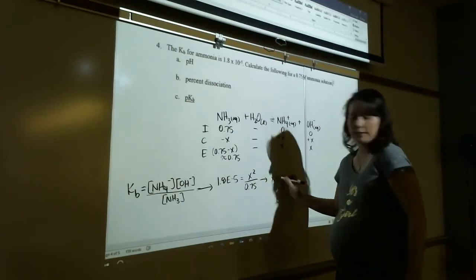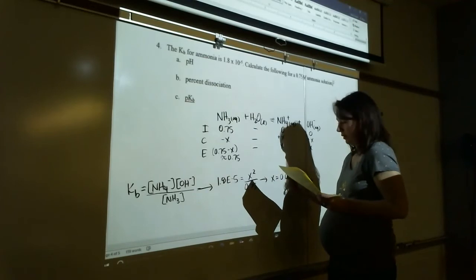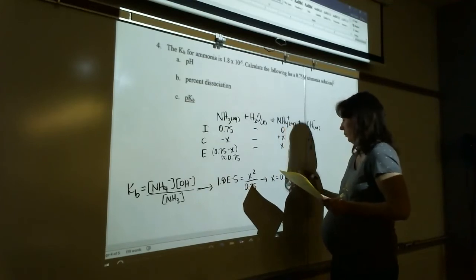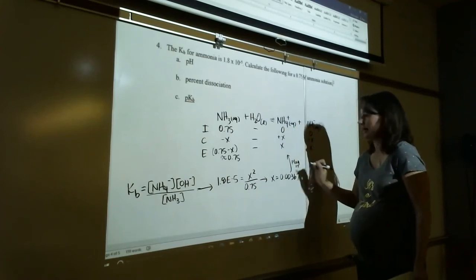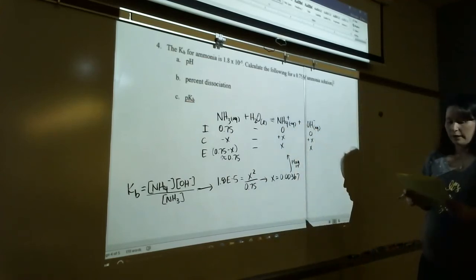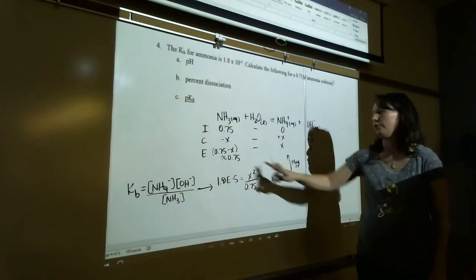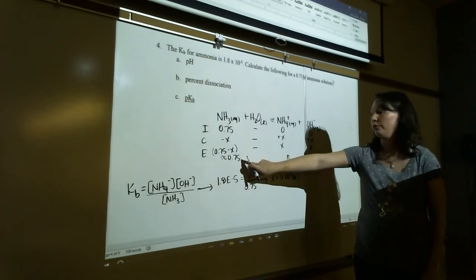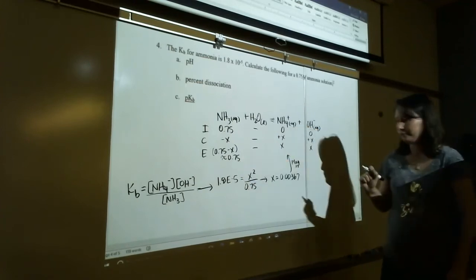So I got X to be 0.00367. We'll just carry out some extra decimal places. Plug back in as X. And so when you subtract this 0.00367 from 0.75, it's still going to be 0.75 because it's not going to change in terms of sig figs. So that value won't change.